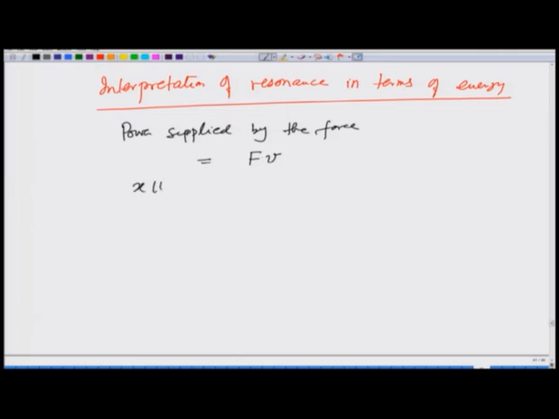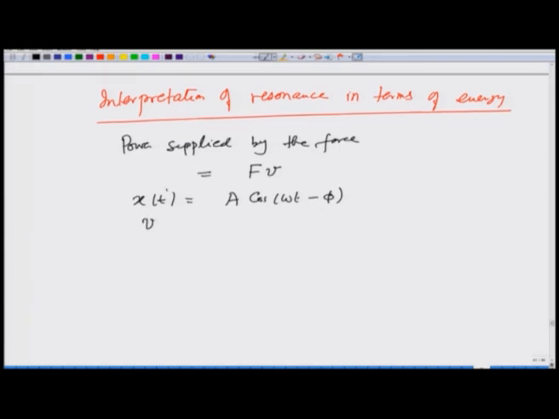Now, x(t) is equal to some amplitude which we have already written, A cosine of (omega t minus phi). So, V(t) or the velocity of the oscillator is going to be minus omega A sine of (omega t minus phi).